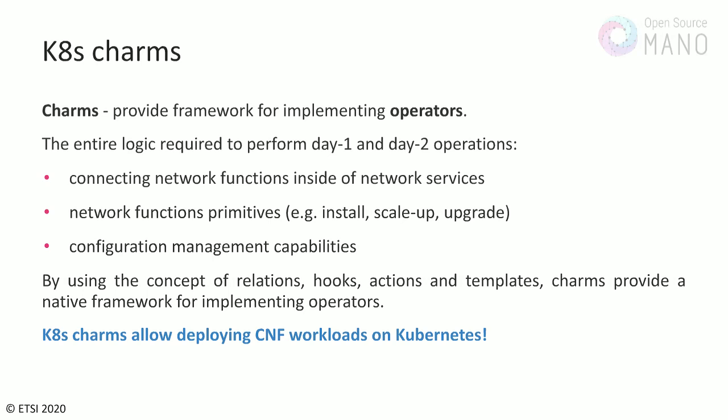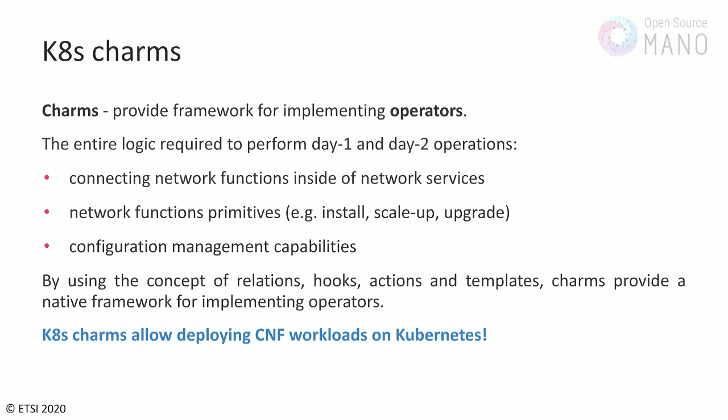They implement network functions primitives, such as install, scale up, and upgrade, and they provide configuration management capabilities. And by using the concept of relations, hooks, actions, and templates, charms provide a native framework for implementing the operator software. They are operators. They act as Kubernetes operators.